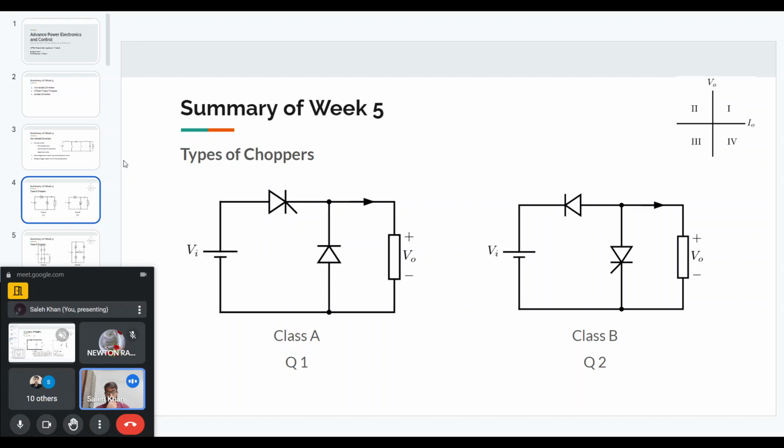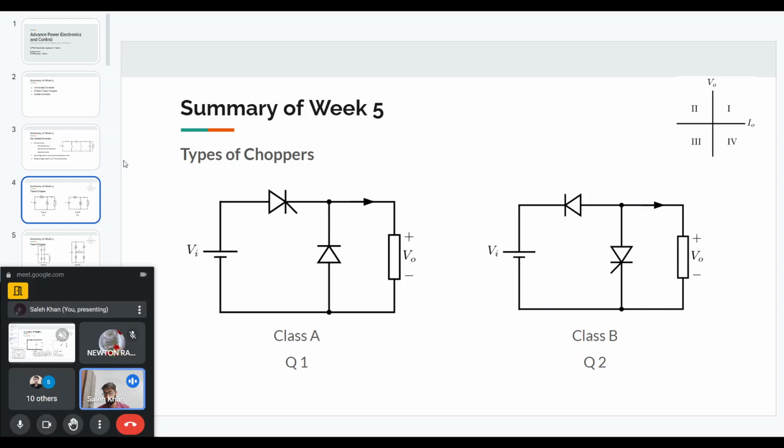about the three-phase rectifiers. So basically, the point in three-phase rectifiers is that you have to find out that the SCRs or the diodes will be connected in common cathode or common anode configuration.